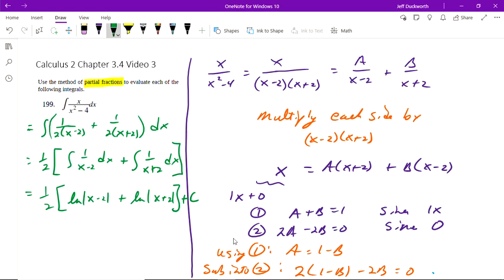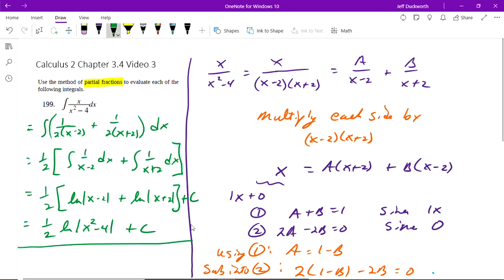That means I can multiply those things together, so that equals 1/2 ln of the absolute value of x minus 2 times x plus 2, well, we know that's x squared minus 4, and then plus some C. So that's our answer.